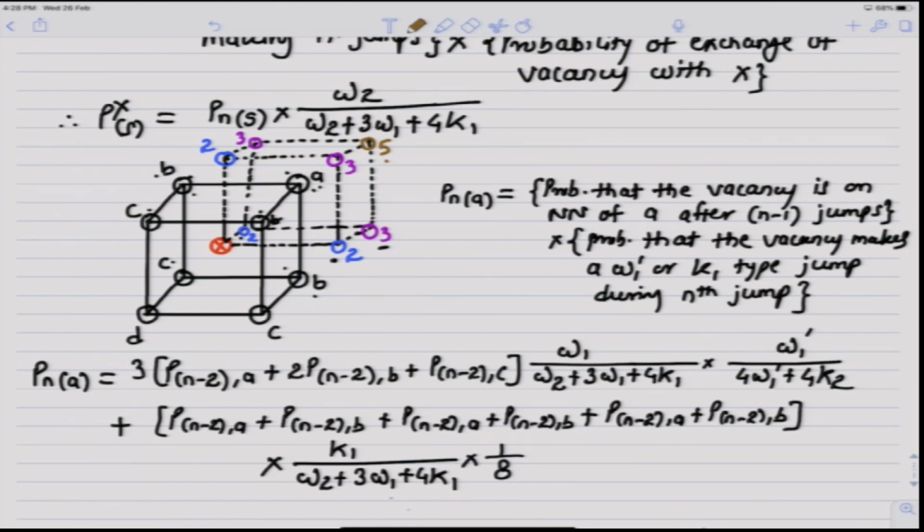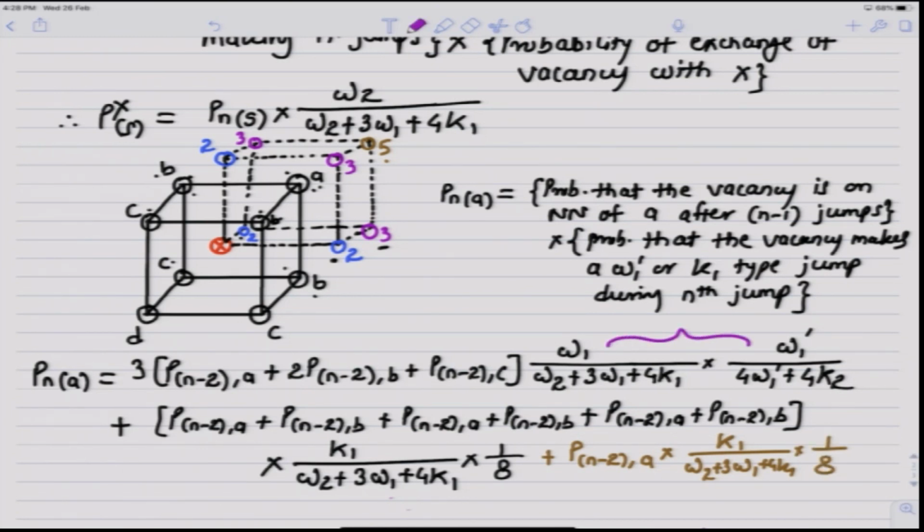And so, for this we can write P n minus 2 of A times, again this will be a K1 type of jump. So, K1 over omega 2 plus 3 omega 1 plus 4 K1 times 1 over 8.